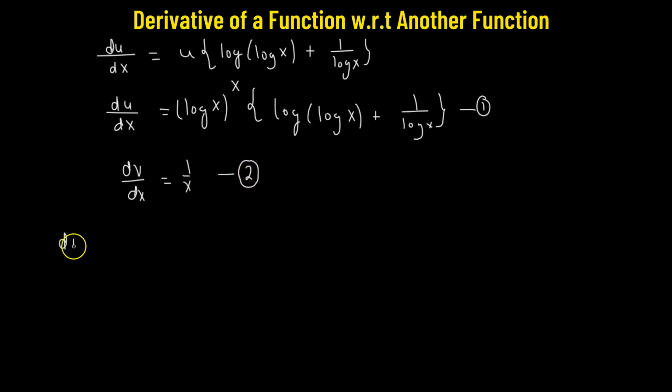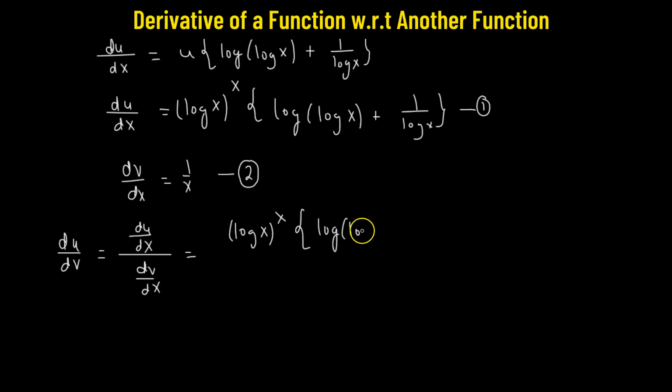Now, to find the derivative of u with respect to v, all we have to do is divide 1 by 2. That means we'll take the derivative of u with respect to x and divide it by the derivative of v with respect to x. So we are going to get (log x)^x multiplied by log log x plus 1 over log x, the whole divided by 1 over x.